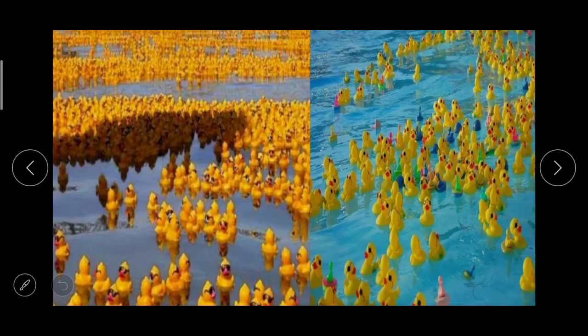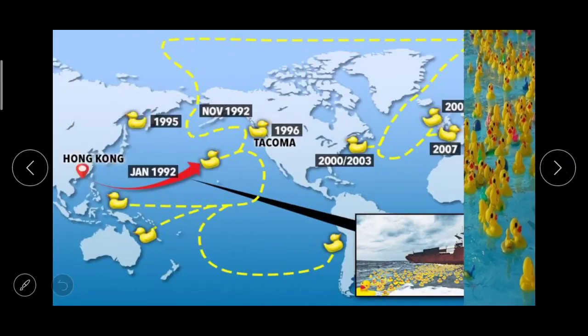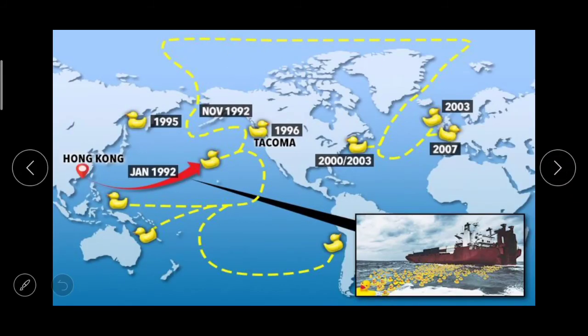Now another thing. A very strange incident occurred in the Pacific Ocean in the year 1992. A cargo ship sailed towards America from Hong Kong. While traveling through the Pacific Ocean near the Hawaii Island, a container full of toys fell into the ocean and broke.